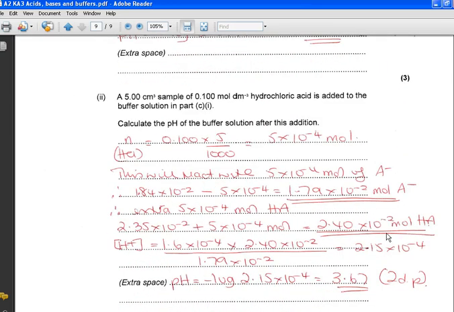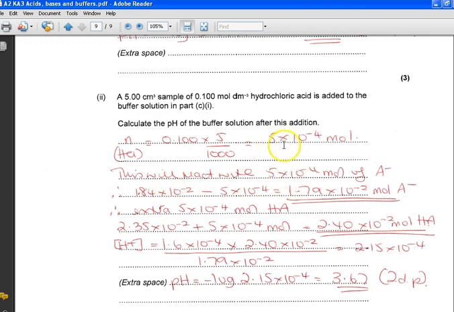And then this one, obviously a little bit more to it, the extension part of the question, asking what's going to happen to the pH if we add some hydrochloric acid to this buffer solution. So we need to work out how many moles of hydrochloric acid we are adding, which is very straightforward because you're given a concentration and a volume.